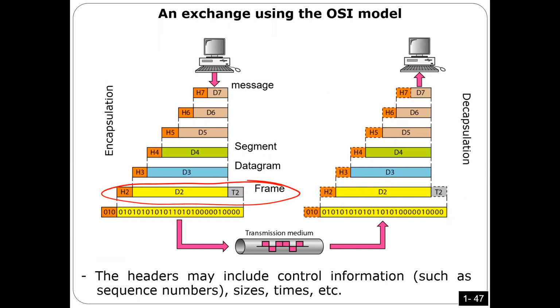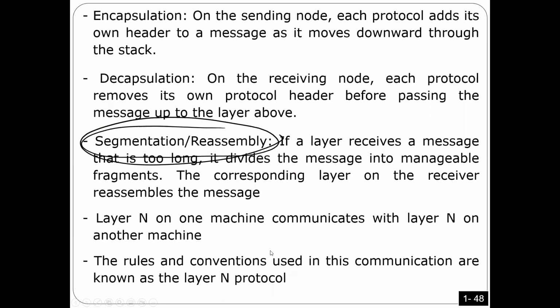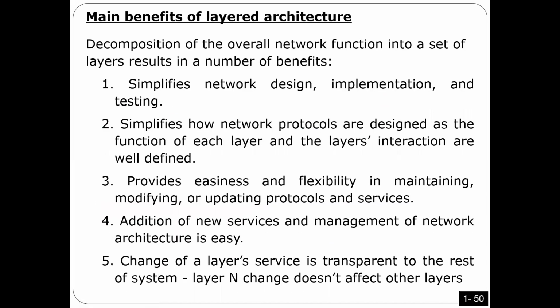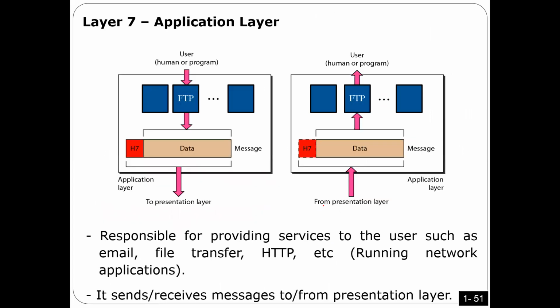You understand what I'm saying? You can change the protocol here without affecting the other protocols. Anyway, there are several reasons why they made it this way. So it's easy to update protocols without affecting the other protocols and so on.